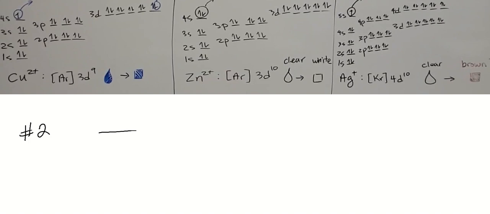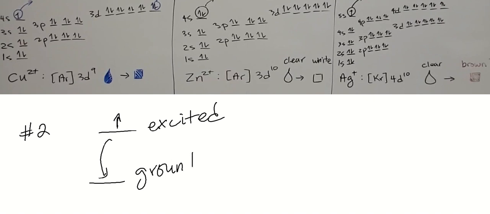Well, when electrons transition from a higher excited state to a lower ground state, they emit a photon, and that photon has a specific wavelength or frequency or energy. And that's determined by this electronic transition. So the farther it transitions, the greater the frequency and the smaller the wavelength, and the less it transitions, the inverse of that.